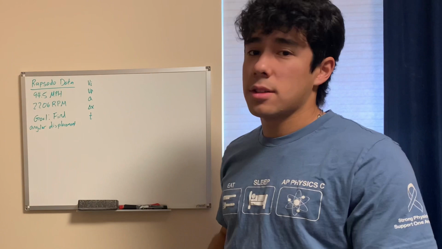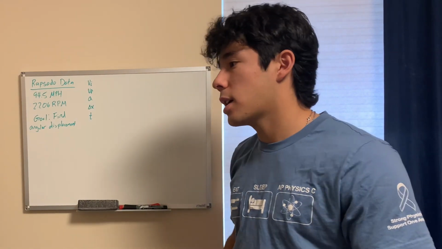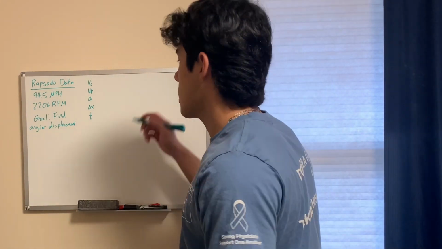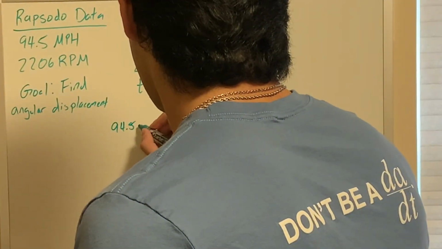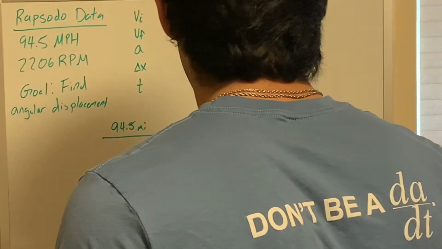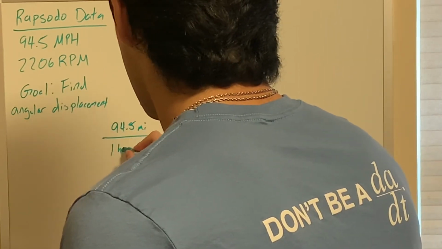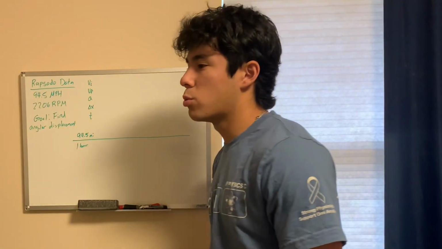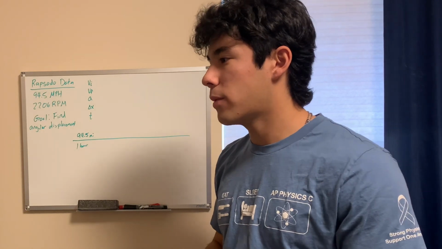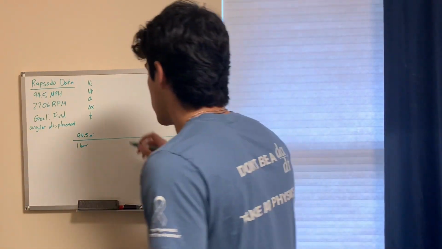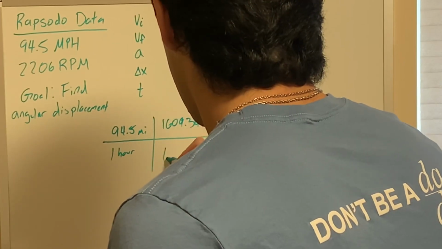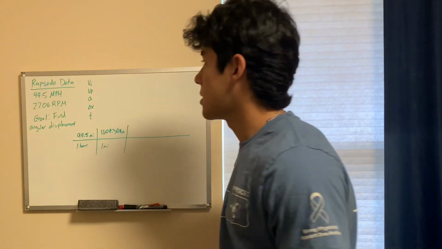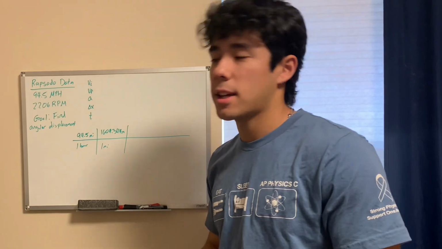Since the velocity is in miles per hour, we're going to have to convert that into meters per second. So we start with 94.5 miles for every 1 hour, and there's 1,609.344 meters in a mile. And since this is in hours, we need it to be in seconds.